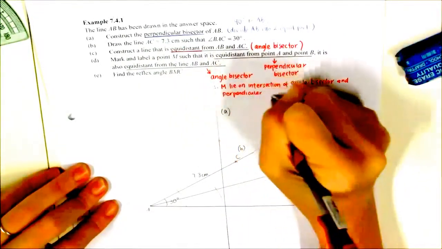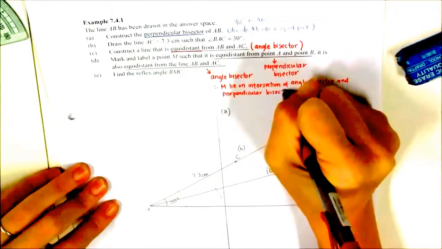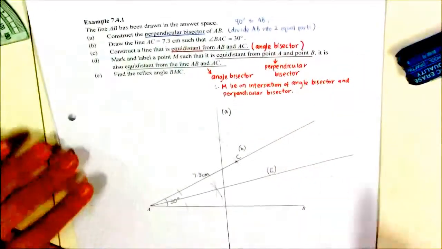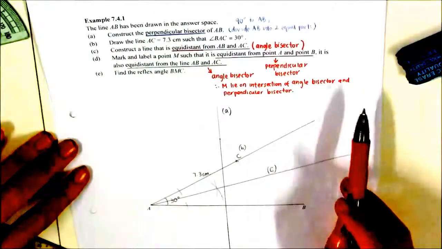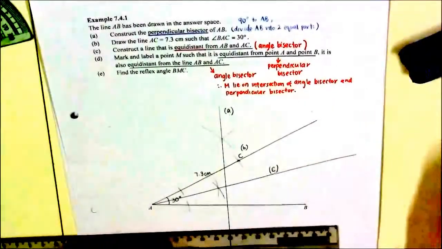Of course, in the examination, you're not expected to write all this down, but we are writing this down so that you can be reminded of what is given to you in the question.